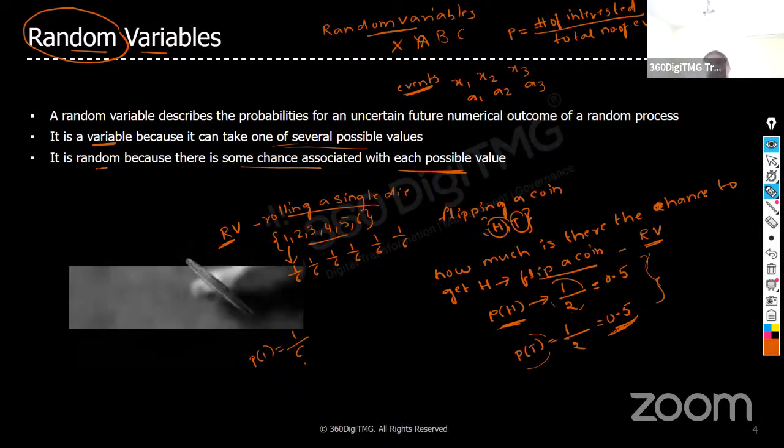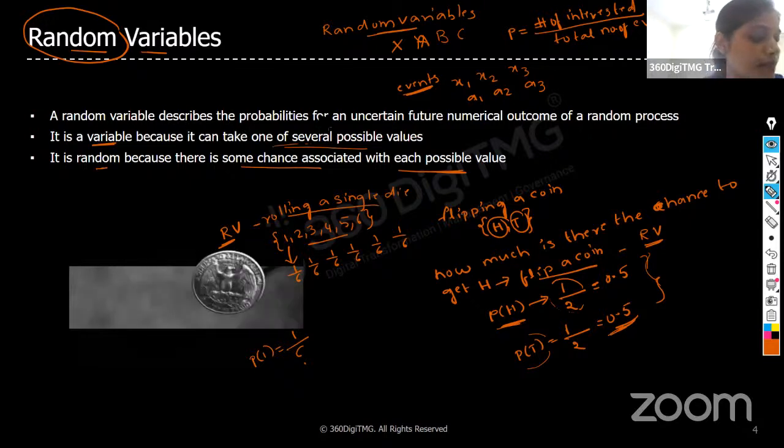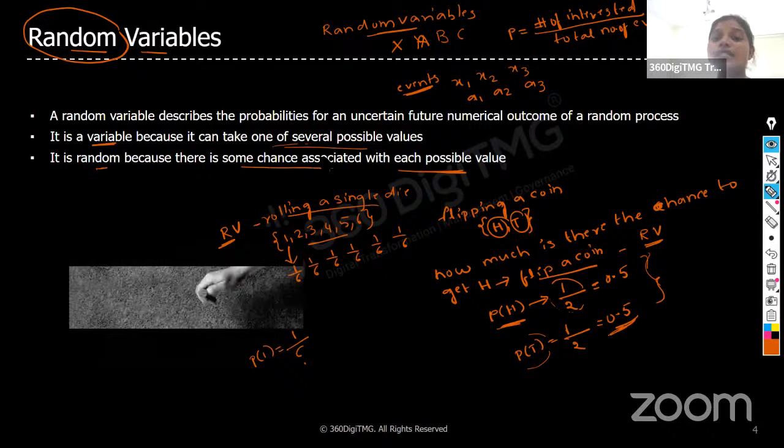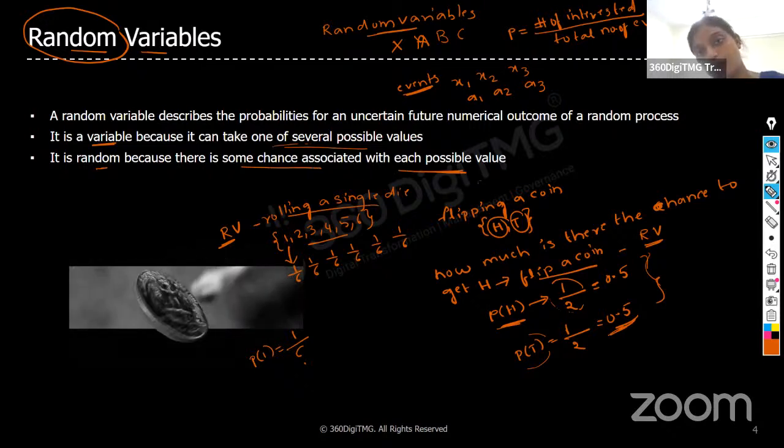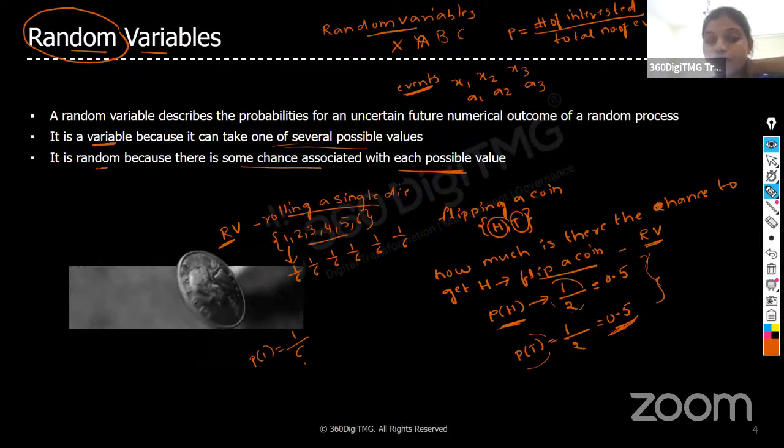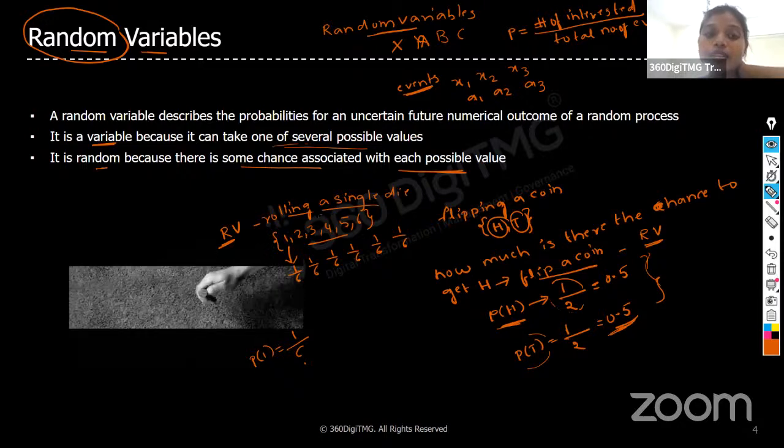So what we have seen is that a random variable is a variable because it can take one of several possible values, and it is random because there is some chance associated with each possible value. We have seen the example of flipping a coin and also rolling a die.